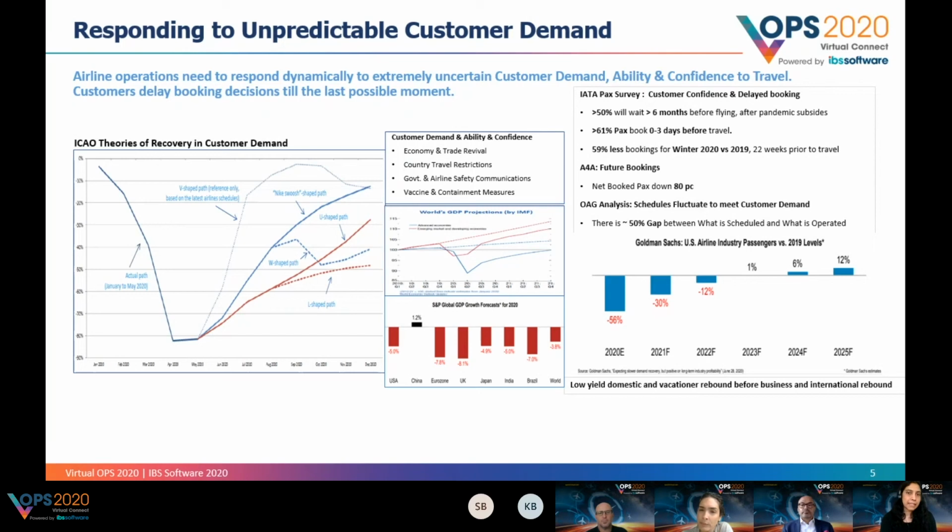So, talking to airlines, these were the four high-level scales that determine how the revival of demand is going to work.